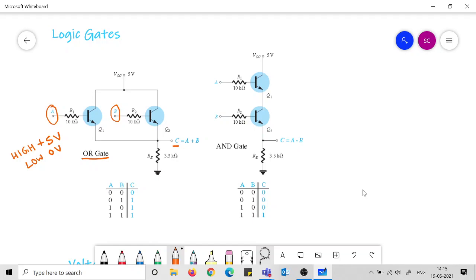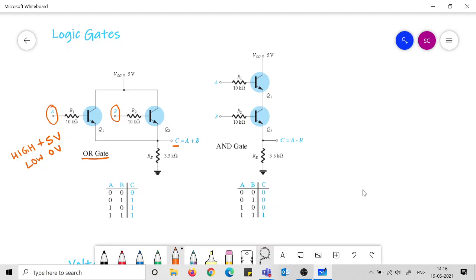Now if we notice this fact, then we can understand very easily from this circuit configuration that if any one of A or B has a high signal, a high pulse, then this 5 volt will come to this point. Obviously there is a VCE drop, but we can neglect that VCE drop. We can assume it to be very less compared to 5 volt.